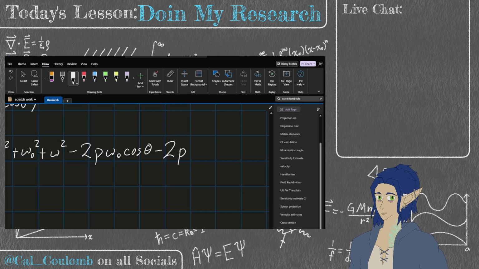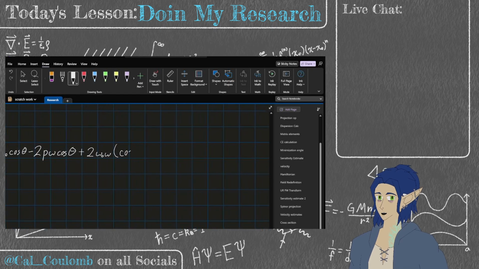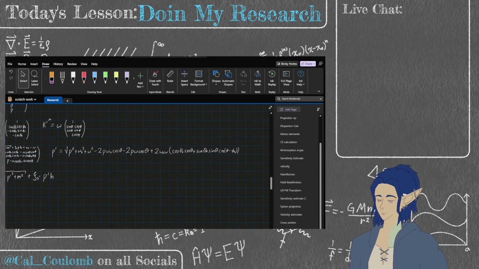Minus 2p omega cosine theta. And then plus 2 omega naught omega times cosine theta 0 cosine theta plus sine theta 0 sine theta cosine of phi minus phi 0, which is the more intuitive way to write this.